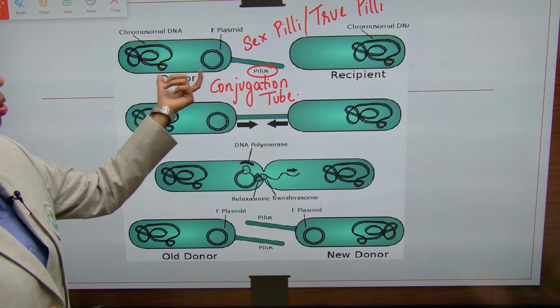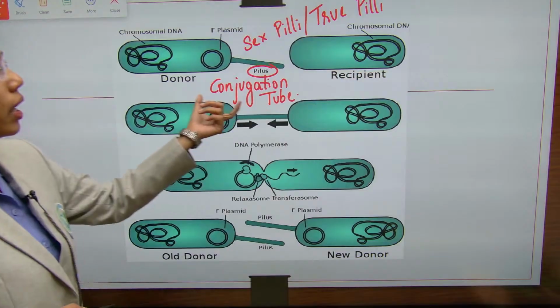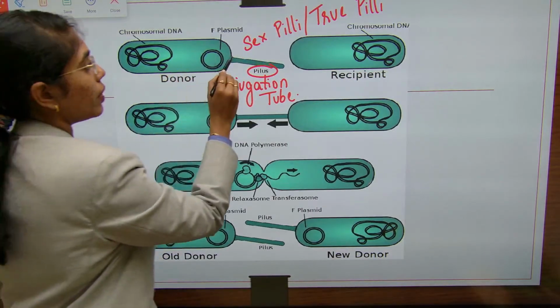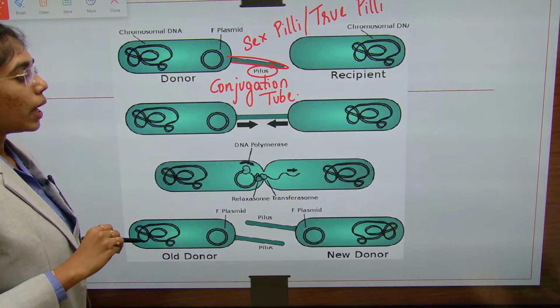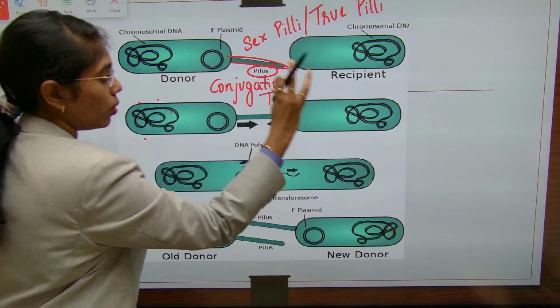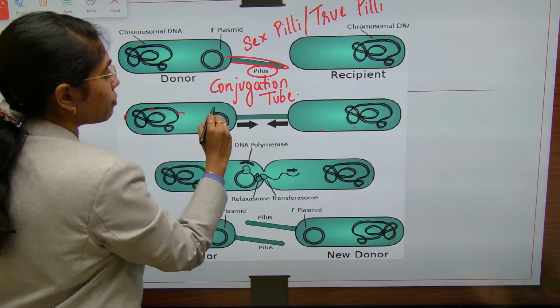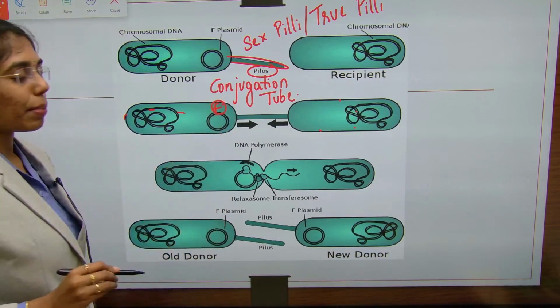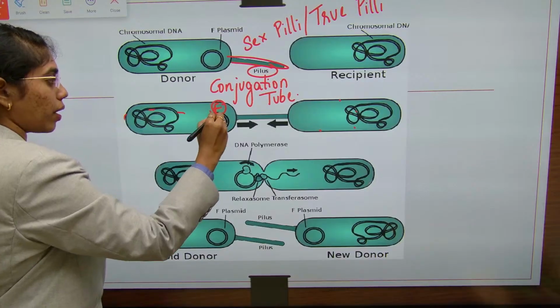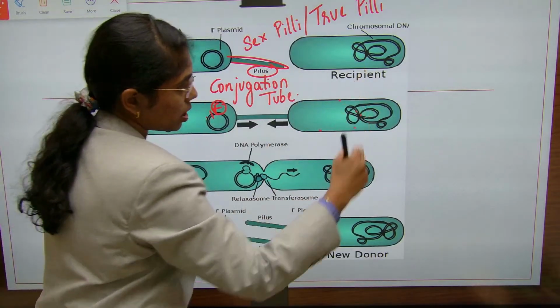From donor to recipient, the donor cell will be giving out the pili. From donor cell to recipient cell, the conjugation tube will carry the F factor. Some amount of the F factor will be carried to the F minus strain.